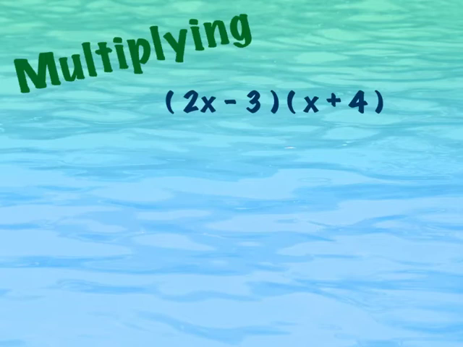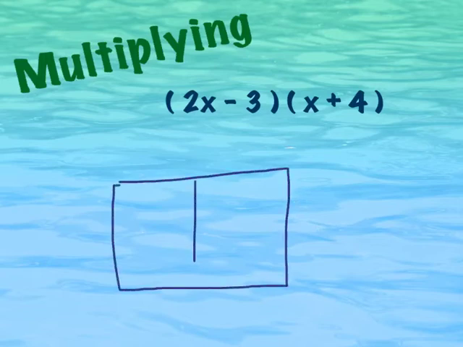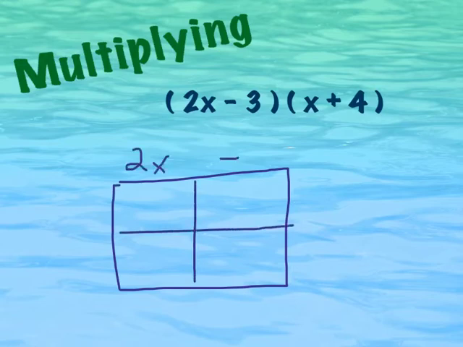Some of us don't like the FOIL method and we prefer using our table method. For the table method, you put each term, 2x minus 3, x positive 4, on the outside of your table, and then we multiply in. What is 2x times x? That would be 2x squared.